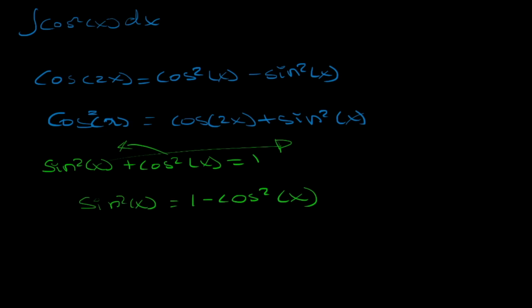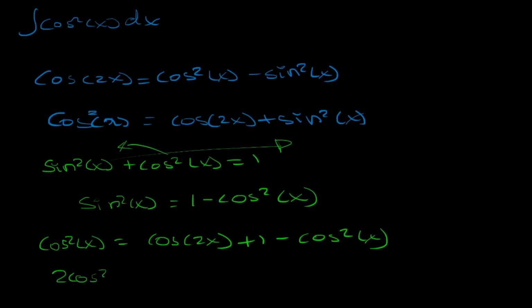So this would lead me to write my new equation as cosine squared of x equals cosine of 2x plus 1 minus cosine squared of x. It seems to be working out, because it seems like I can isolate cosine squared of x. So let's just bring cosine squared of x to this side. So we have 2 cosine squared of x equals cosine of 2x plus 1.